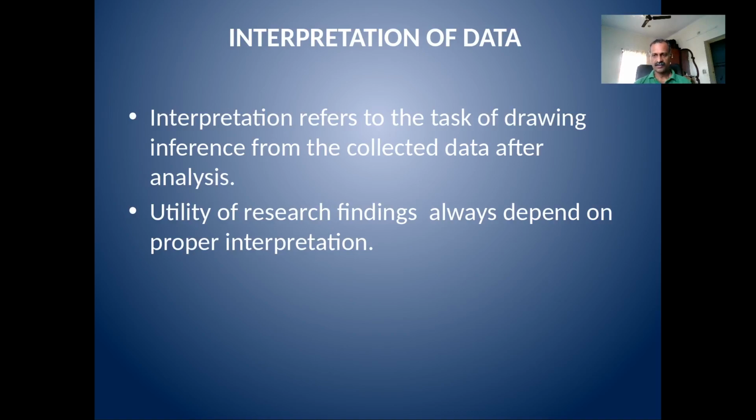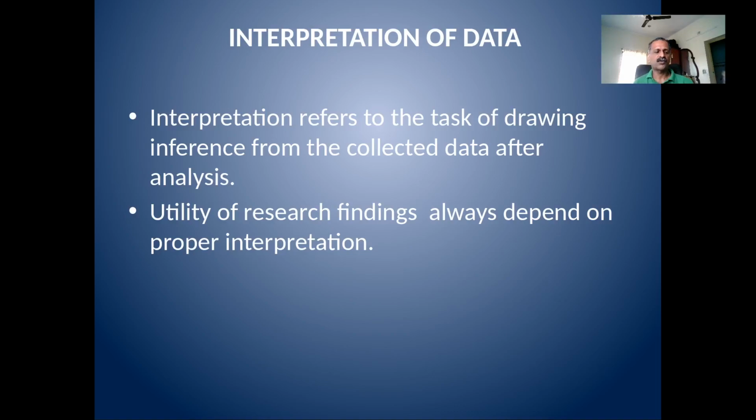Next, we have formulated tables, we have formulated graphs, and the data is represented. But again we have to give some meaning to the data. Under each table we have to write the interpretation.